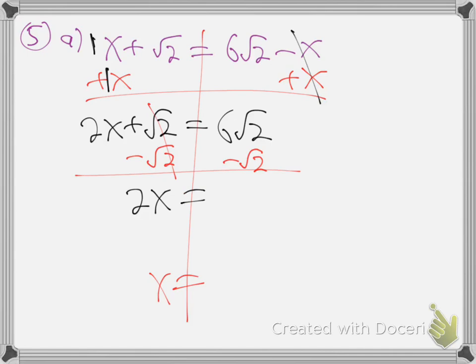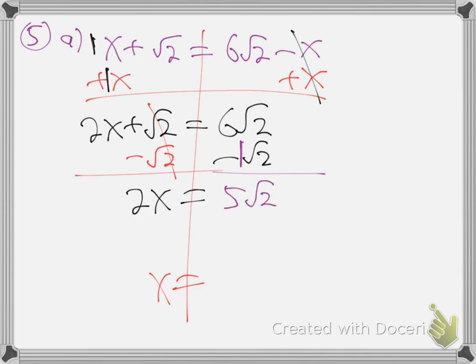Now what's 6 root 2 minus root 2? Do the root 2's just drop to 6? Yeah, good. You know better than that, I hope? That was craziness, what I just did. It's like terms, and you imagine an invisible 1 here. It's 6 roots of 2 minus 1 root of 2, which is 5 roots of 2. Remember that?